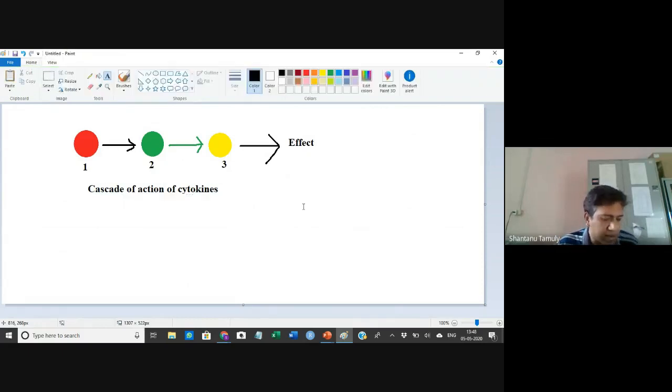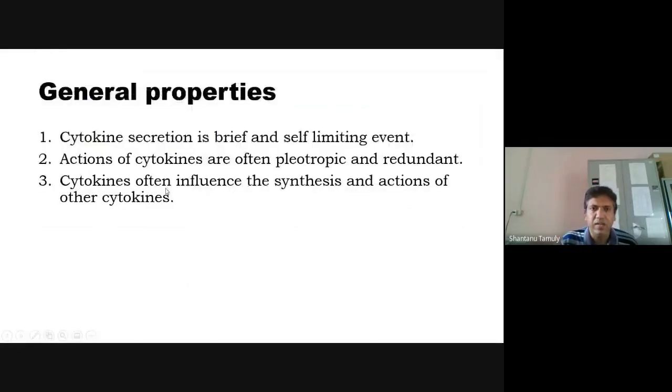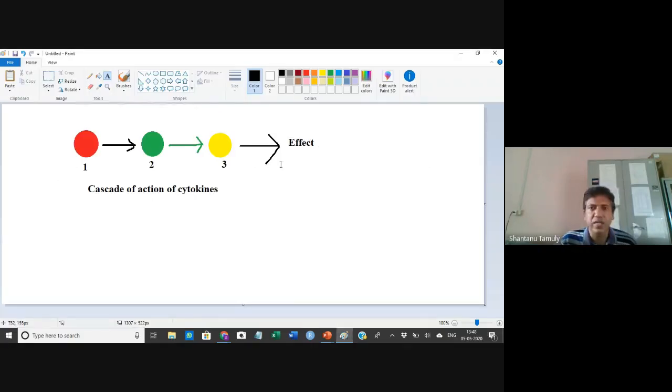Now another thing, the cytokines often influence the synthesis and actions of other cytokines. The effect that you get over here is of three types. Cytokines give three types of effect.